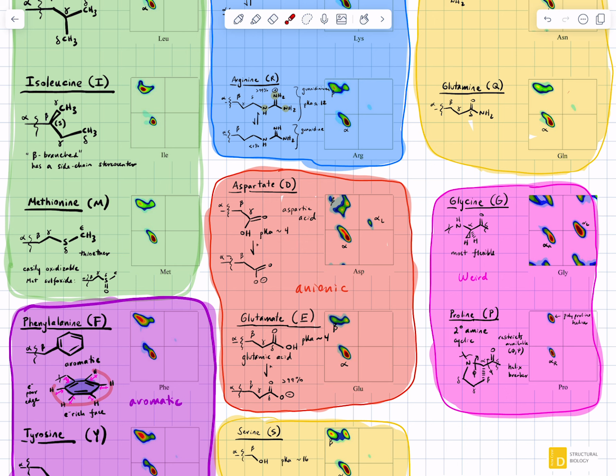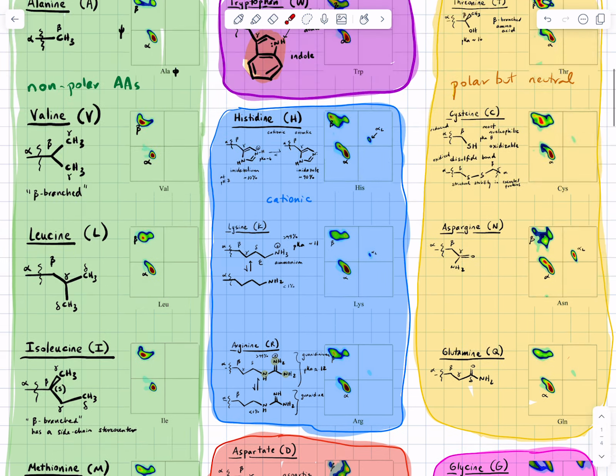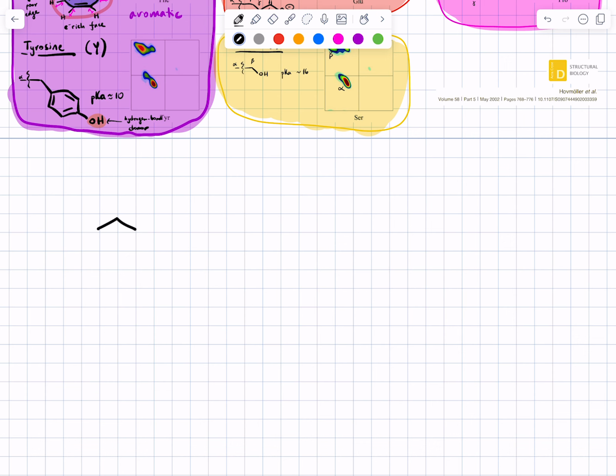So with that, I've said you need to begin memorizing the 20 amino acids, their one-letter codes, their names, their structures, and their side chain pKa's as appropriate. You'll notice there's a table in your text that gives you pKa's for all of the 20 amino acids.